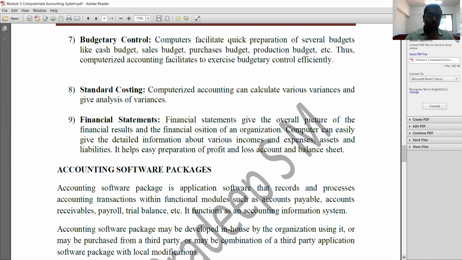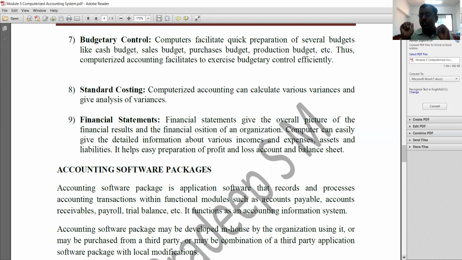Then there is one more aspect which belongs to cost accounting, that is standard costing. Even in practicing standard costing, you can use computers. Standard costing is a technique where, with the help of past information, the company forecasts the future costs, or fixes a standard cost, and we should see to it that our actual cost of production is equal to or less than the standard cost.